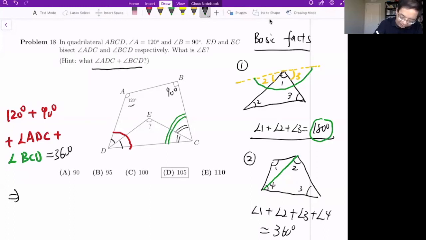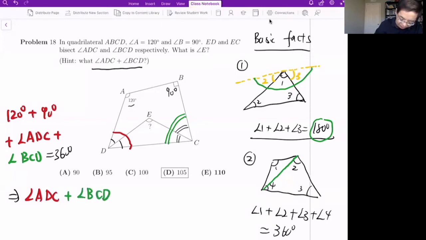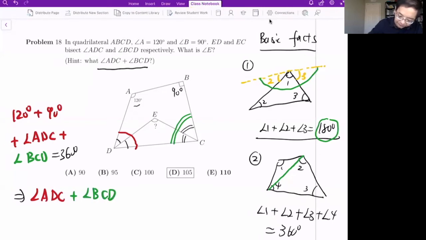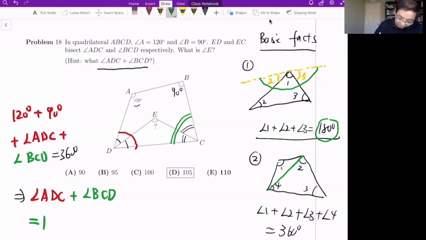So then from here we get the angle ADC plus the angle BCD equals 360 minus 210. So this equals 150, right?